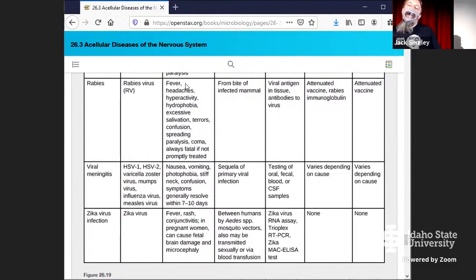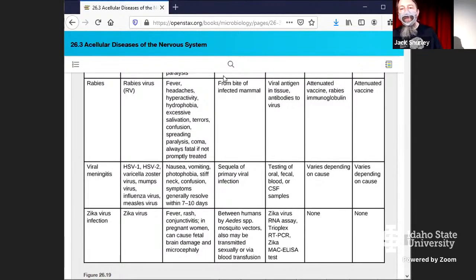So issues with rabies, there's fever and headache, hyperactivity, hydrophobia, that frothing of the mouth that I described as we started this chapter, the salivation, terrors and confusion, paralysis, coma, and if it's not treated very quickly, you pretty much are gonna die, all right?